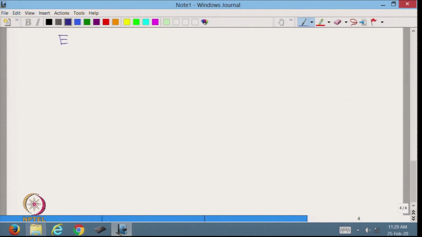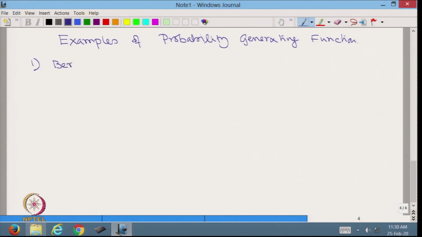Let us now see examples of probability generating functions. One, Bernoulli distribution.